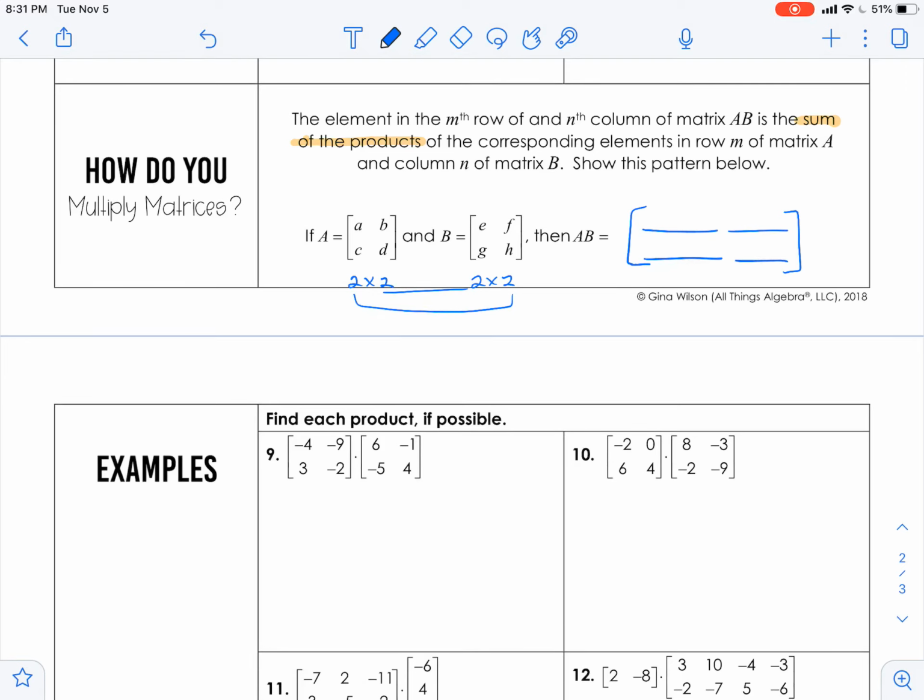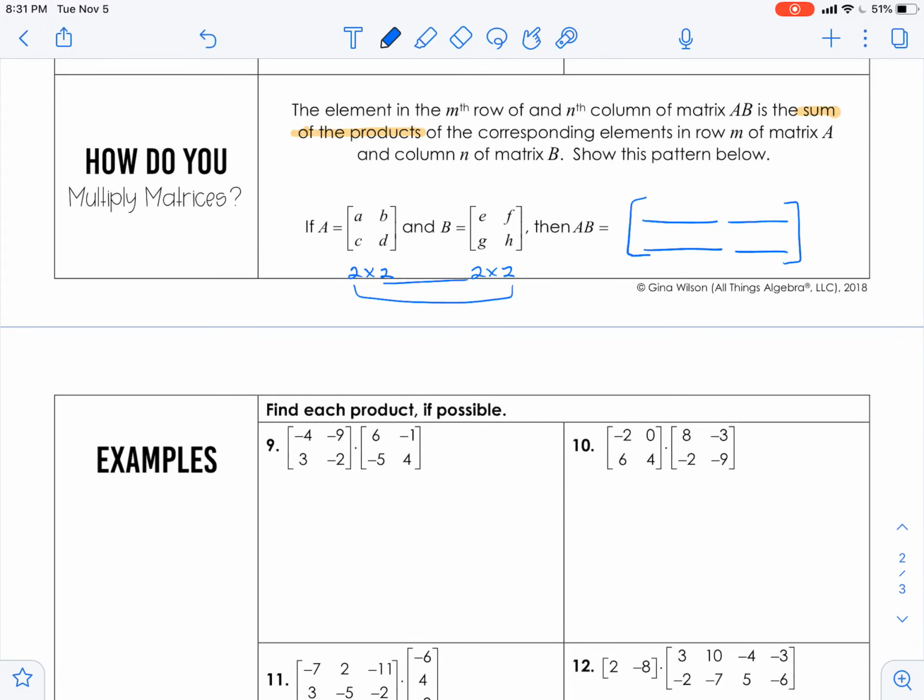So when I look at this first position, this is the 1, 1 position. First row, first column. That's a key. So what I do is I take the first row and the first column, and it is the sum of the products.